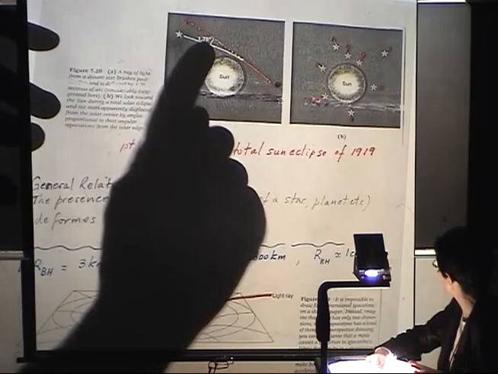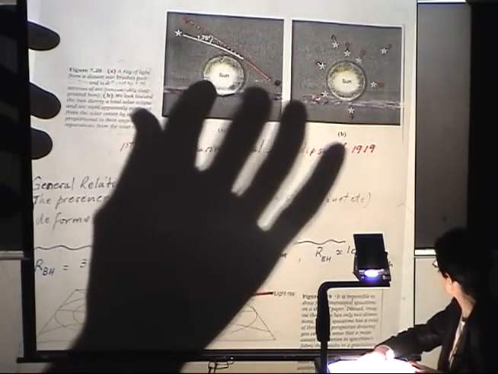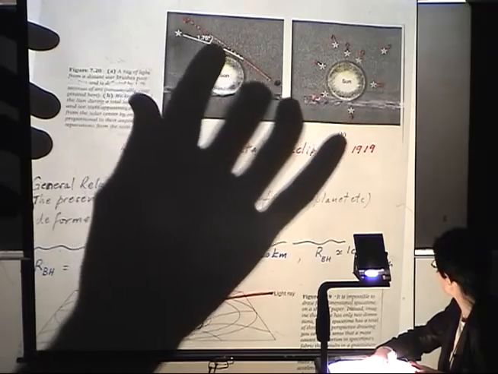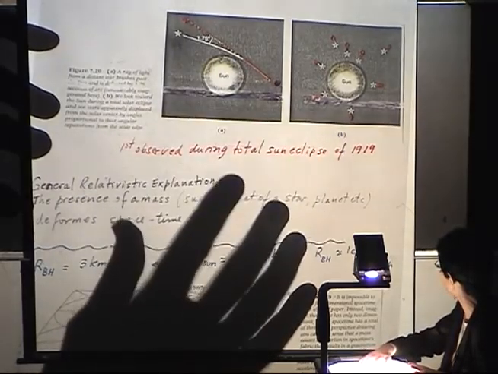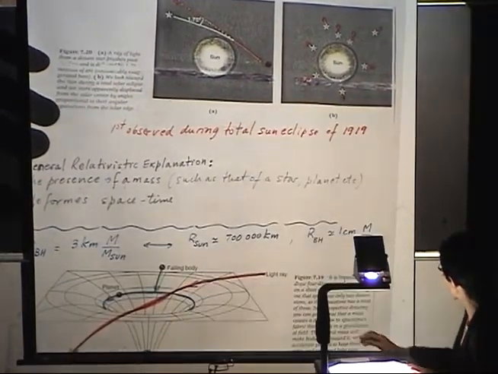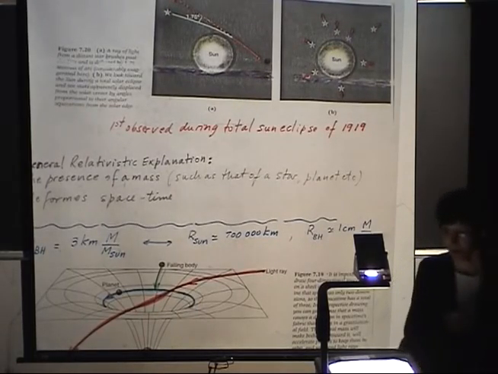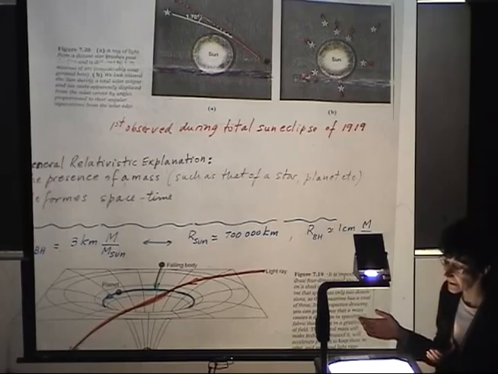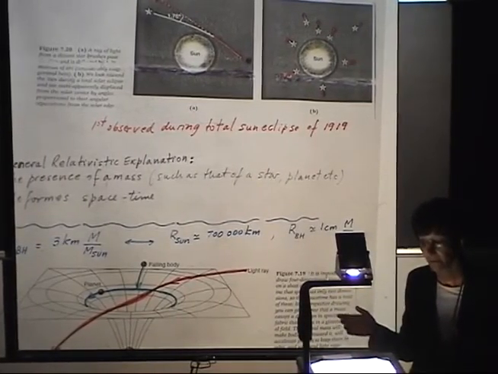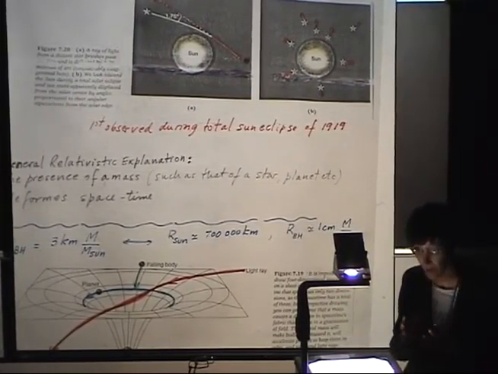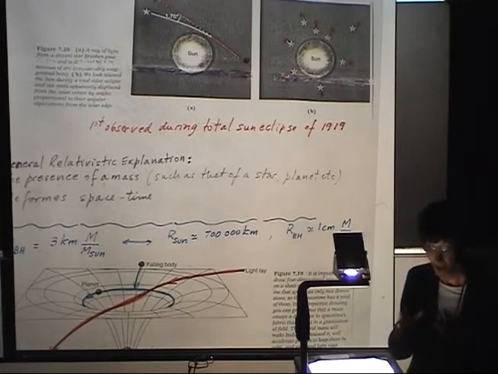The angle was very small, and this could only be seen for light passing very close to the sun, so one needed an eclipse. But in 1919, this was used as a confirmation. Now, although we can understand the effect using the equivalence principle, general relativity goes a bit farther.